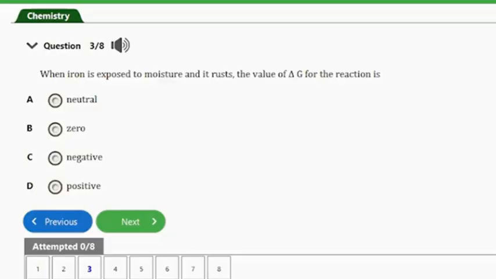For any reaction that occurs spontaneously, that is, the reaction occurs on its own without external assistance in energy, the delta G is usually negative. So iron rusting is an example of such a situation. Iron rusting is spontaneous, and therefore delta G will be negative. So that's it for that question.